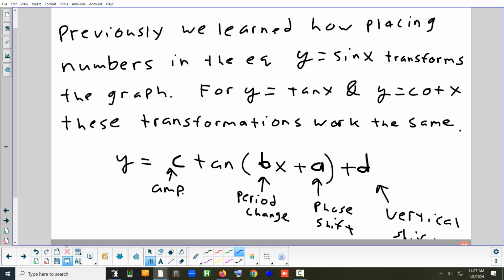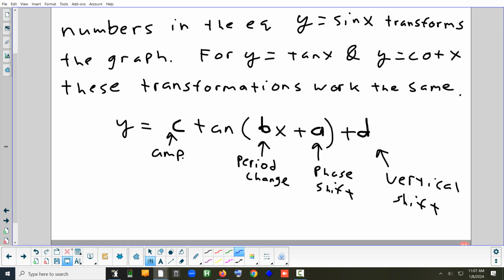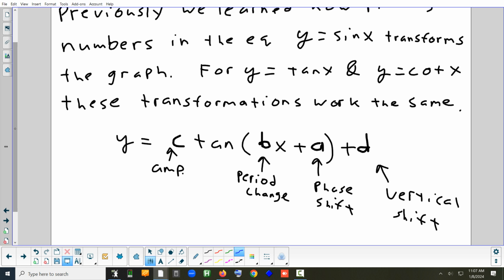A is your phase shift, B is your horizontal shift, C is your vertical stretch, D is your vertical shift. No change at all. So, any questions on how the transformations work? In this section, I may ask you more to describe what the transformation is. As far as sketching by hand, not as much. Most sketching is just going to be on the calculator at this point.